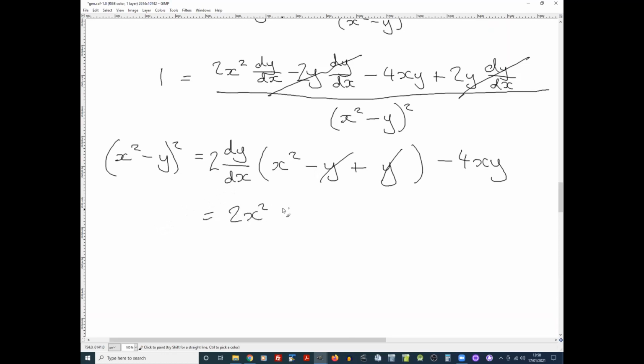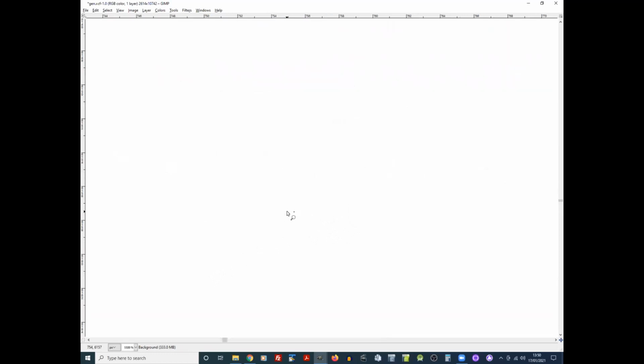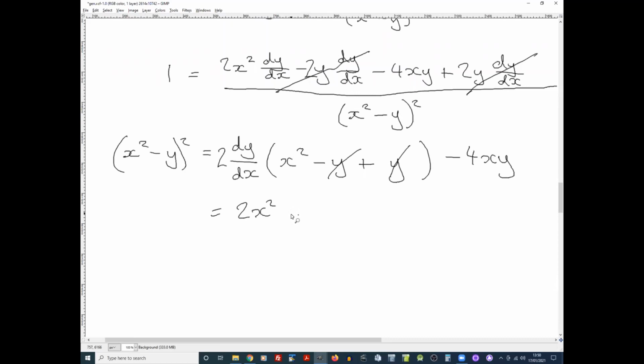Say x squared minus y squared plus 4xy equals 2x squared dy/dx, and then you just divide all that by 2x squared. Divide all what? All the left hand side by 2x squared.